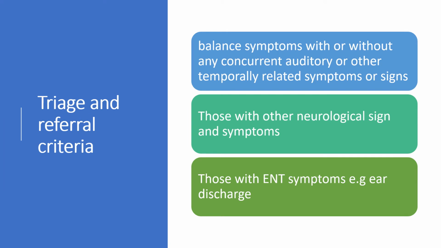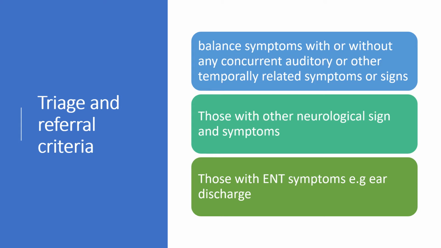Triage and referral criteria are meant for you to get the correct referrals. Say you have set up a local balance service in a district hospital that you are visiting. Those with balance symptoms without any concurrent auditory or other temporally related symptoms or signs may be managed locally without a further need for referrals.